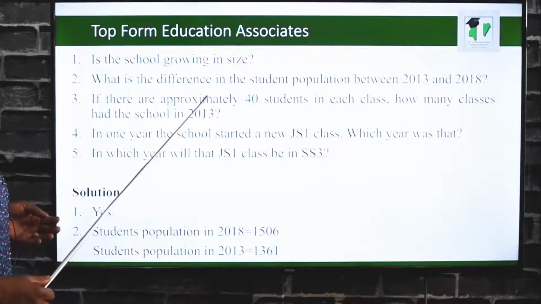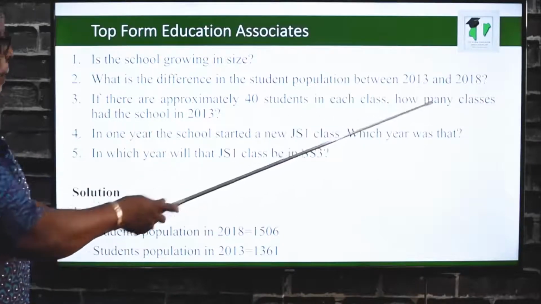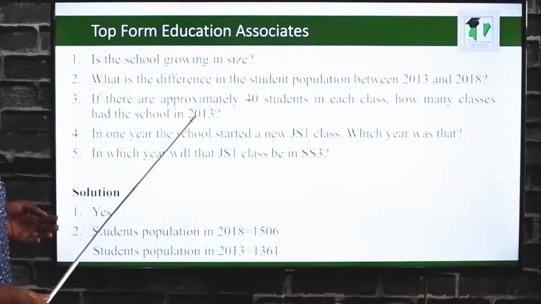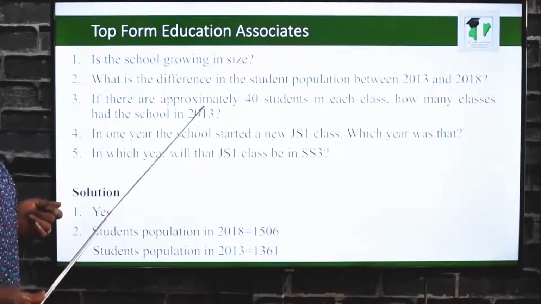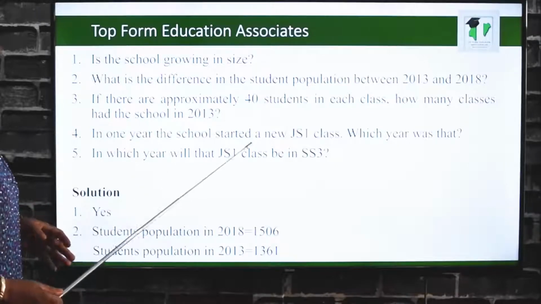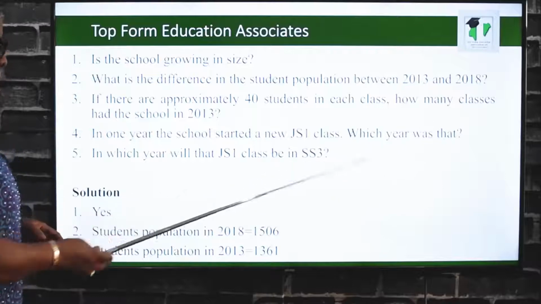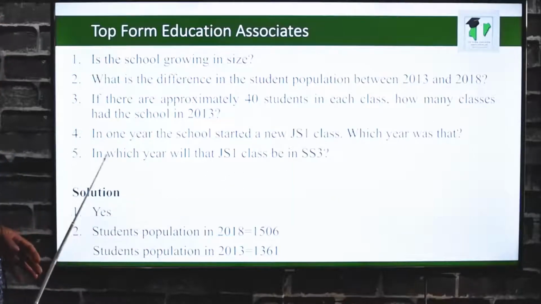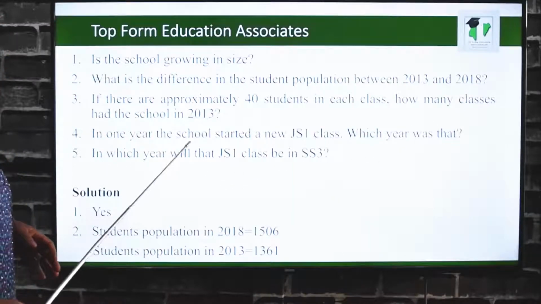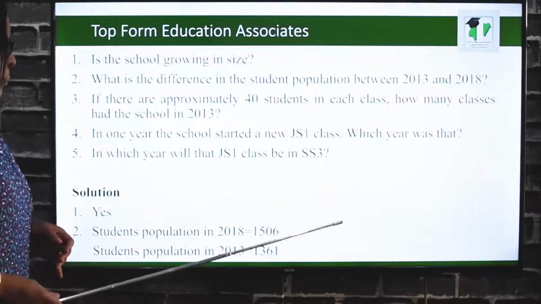If there are approximately 40 students in each class, how many classes had the school in 2013? Number 4. In 1 year, the school started a new JS1 class. Which year was that? And number 5. In which year will that JS1 class be in SS3?